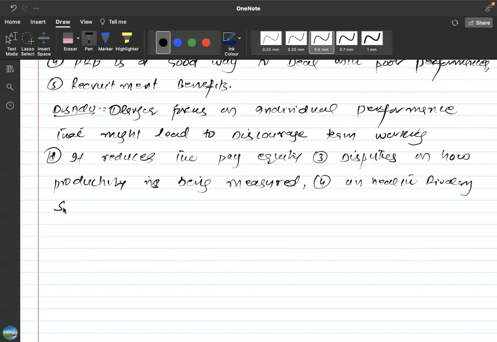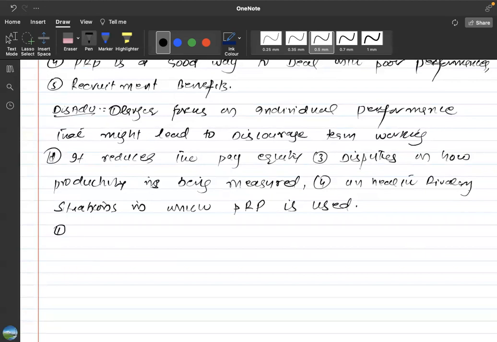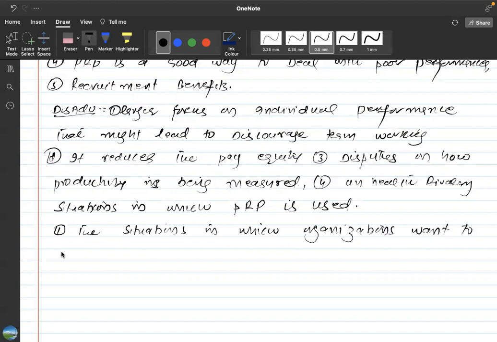Now the situations in which performance related pay is used. First of all, the situations in which organizations want to set high targets and want those targets to be achieved. In those situations, PRP is very useful because people will strive to achieve those objectives.